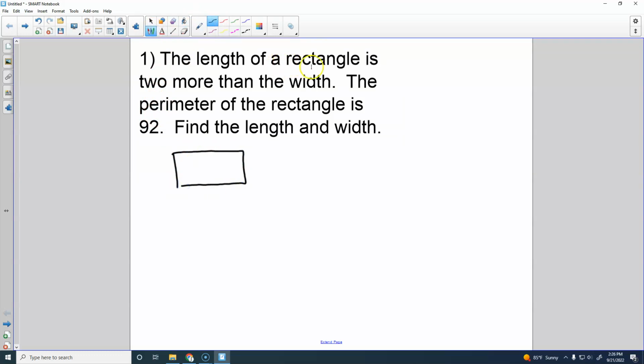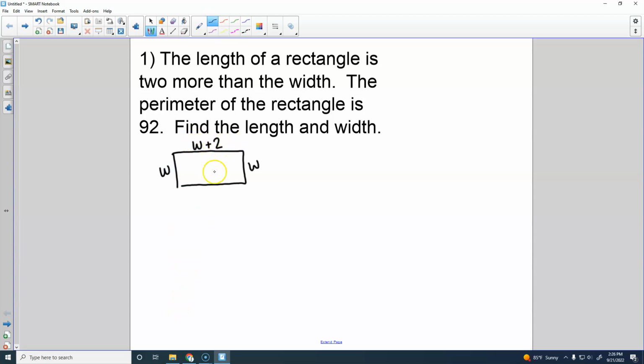So it tells us the length of a rectangle is 2 more than the width. So I'm going to call this the width. This is the width plus 2, or 2 plus W, either one. All right, now, how do I find the perimeter of a rectangle? I add the sides together. If this side is W, this side over here is also W, right?